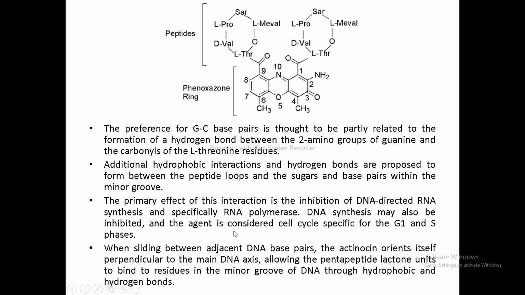The first one: the preference for the GC base pair is thought to be partly related to the formation of a hydrogen bond between the amino group of guanine, which is present in the DNA, and the carbonyl group of the L-threonine residues. So this is one interaction between the drug and the DNA.